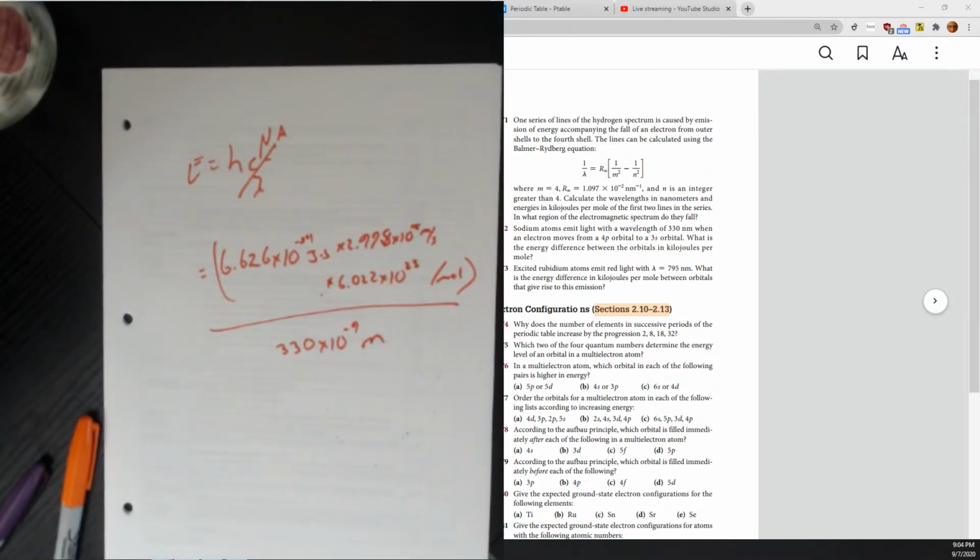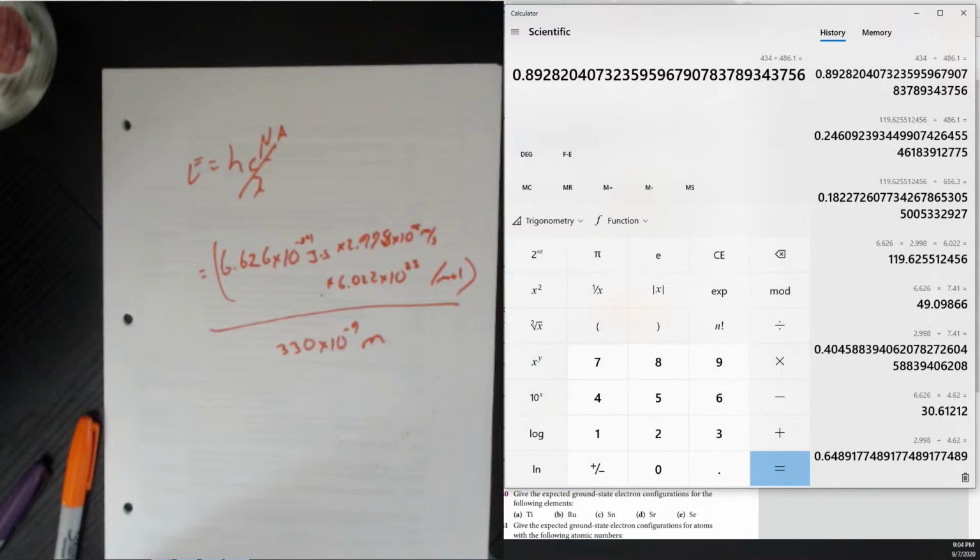All right, when you see nanometers, you can just go ahead and change it to meters by tacking times 10 to the negative 9th on there. Don't move the decimal place if you do it like that, though. All right. So we plug those into Mr. Calculator.